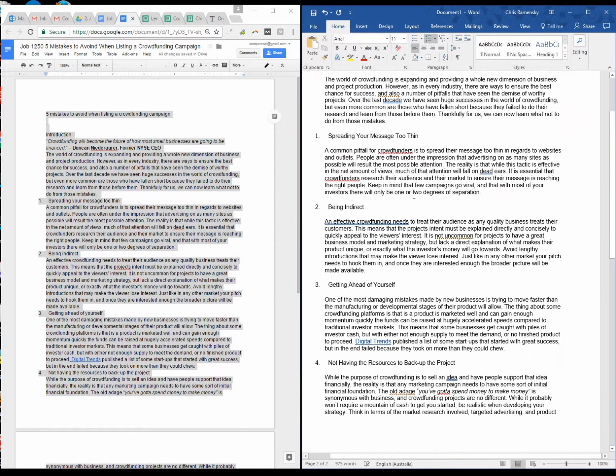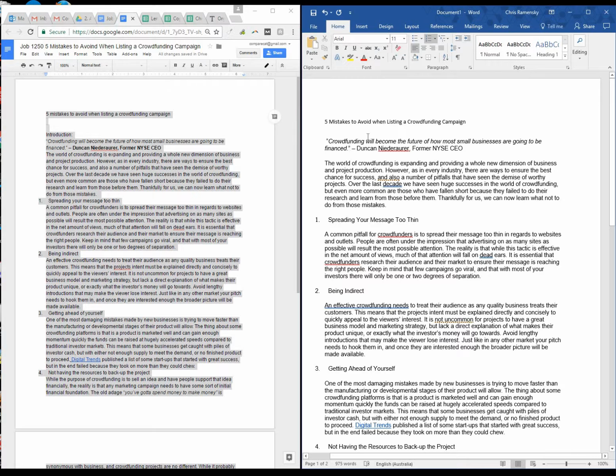Okay, then we're going to have a quick read of the article and just make sure it all makes sense. So, the world of crowdfunding is expanding and providing a whole new dimension of business and project production. A whole new dimension to business, probably to business.